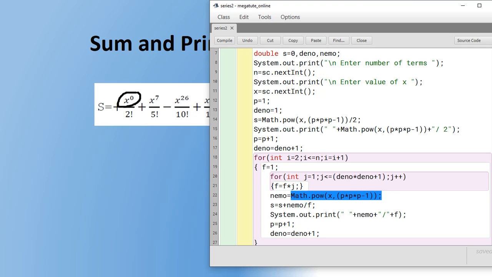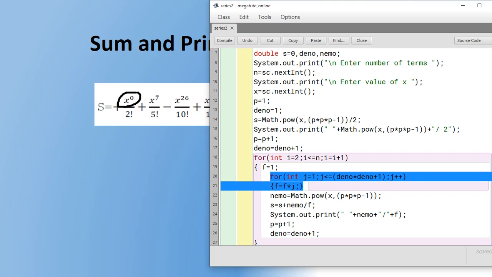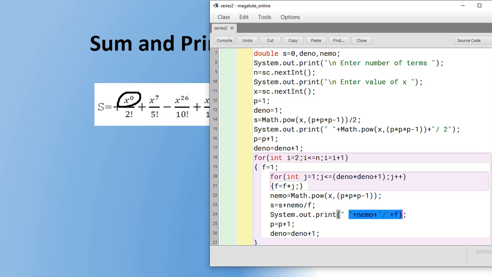Then you will calculate the sum, the numeric value of sum, which is the initial sum, where we have already summed the first term, plus the numerator which you just calculated divided by f. That means the factorial you have already calculated here. Then you will print this combination of numerator upon f. Your power will increase by 1 and the denominator will increase by 1.